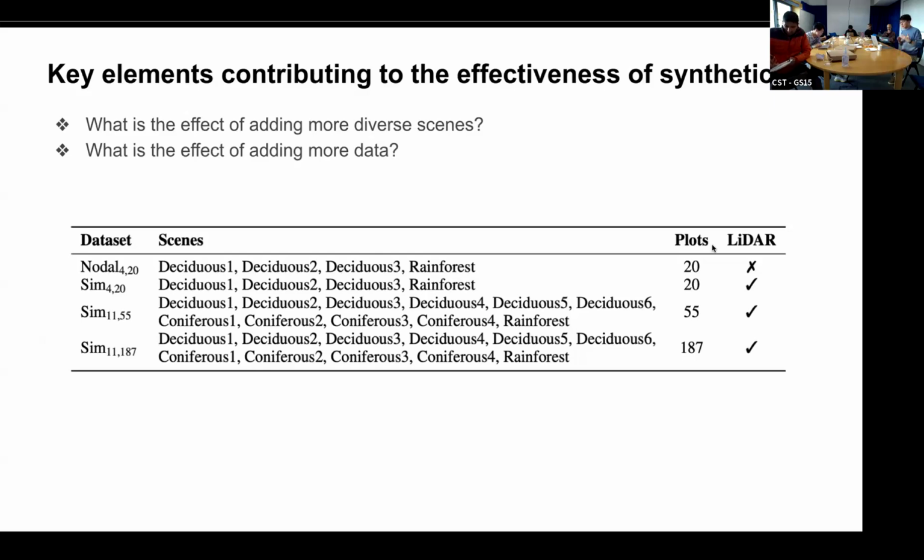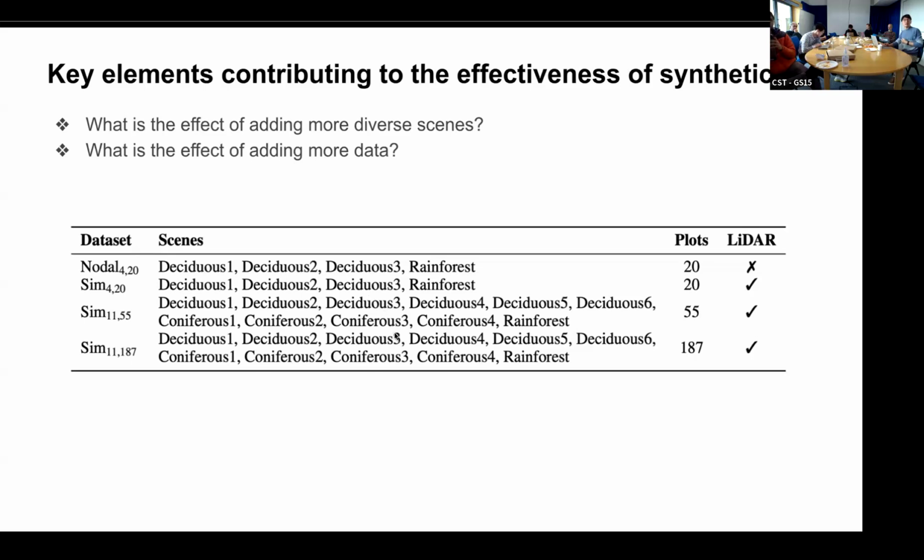So to investigate the key elements that could contribute to the effectiveness of synthetic data, here we again created some data sets to run some ablation experiments. So the first is all four scenes, which contain 20 plots, but obtained directly from nodal points. And the second one, the same scenes, same plots, but we just change the way of simulation, using physics-based simulation with Helios.